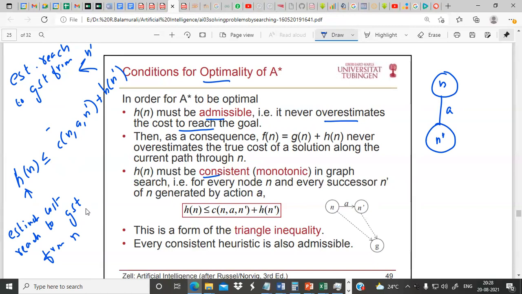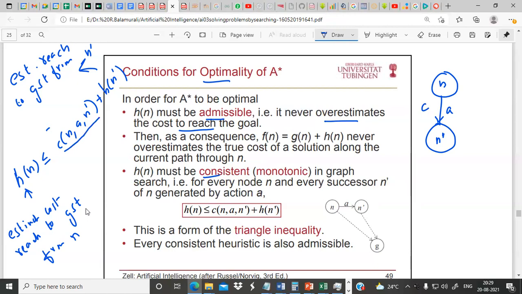The c of n comma a comma n dash means the cost of moving from n to n dash by performing the action A. c represents cost, right? So when you perform an operation A in n, you will move on to n dash. But there is a cost involved in doing so. So that cost is this c of n comma a comma n dash.